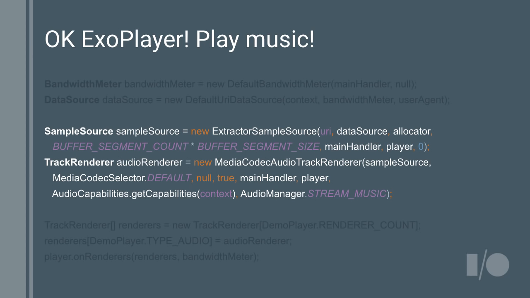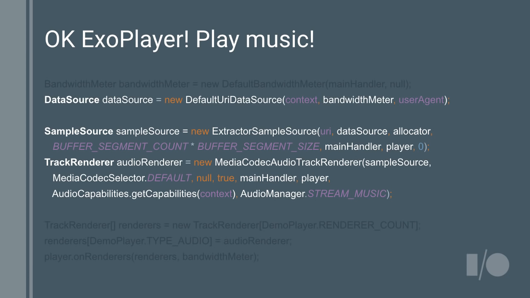That's exactly what we see now in the next line of code. Here we are creating such an instance of a sample source. Again, the sample source is only a Java interface. The concrete implementation then is an extractor sample source, and the extractor sample source is provided by the ExoPlayer library. Here again, a couple of arguments in the constructor. The second argument is of interest here, the data source.